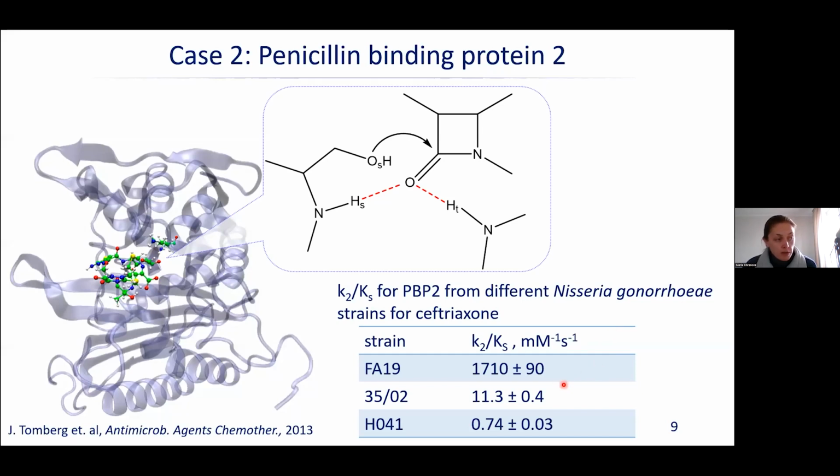We find more than 100 times decrease of the specificity constant in one case, and actually even much more in case of HO41 strain. So we wanted to analyze enzyme substrate complexes of PBP2 proteins from these two strains to somehow understand what happened in this case.